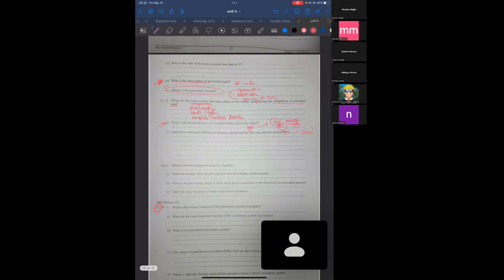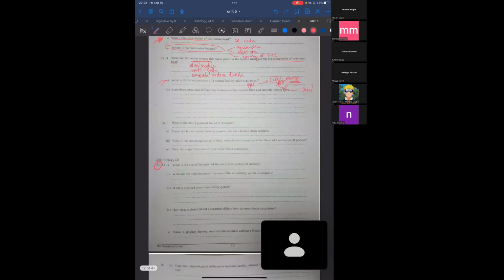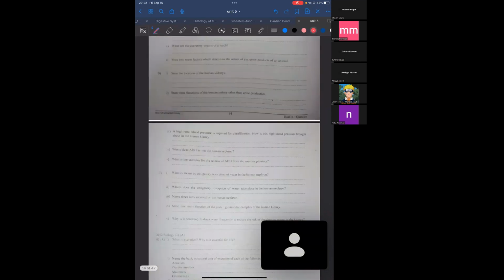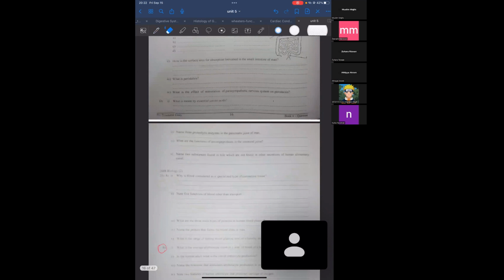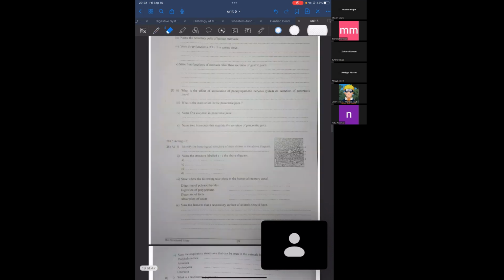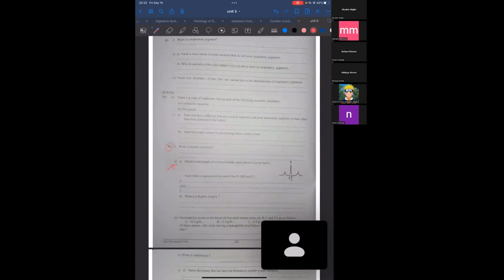Wait, I don't think I came across more questions here. All right, what is double circulation? That is when the blood travels, let's say this is the heart, and it goes to the lungs. This is the lungs, okay?